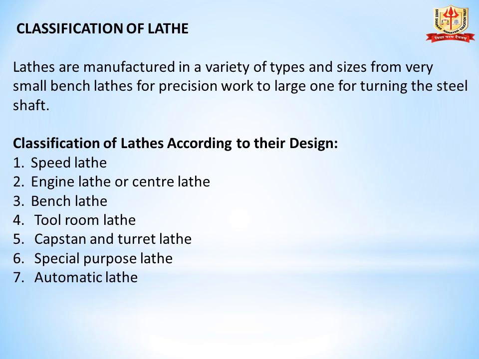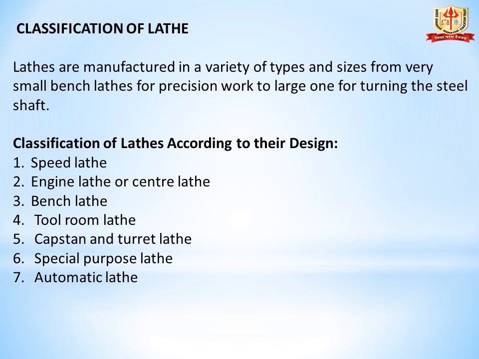Now in this slide we study classification of lathe machine. Lathes are manufactured in a variety of types and sizes, from very small bench lathes for precision work to large ones for turning steel shafts.